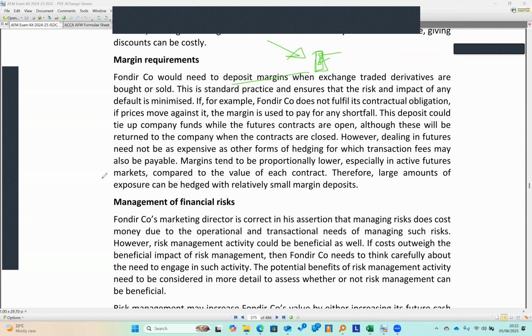However, dealing in futures need not be as expensive as other forms of hedging, because other forms of hedging have other transaction fees, like when you are looking at options. So margins are usually lower compared to the value of the contract. Therefore, large amounts of exposure can be hedged with a relatively small margin deposit. This question was asking us whether margins are going to make futures expensive, but here we are saying they are usually not very expensive.